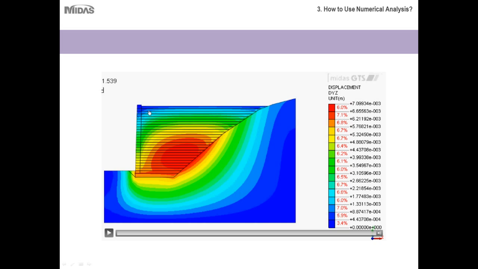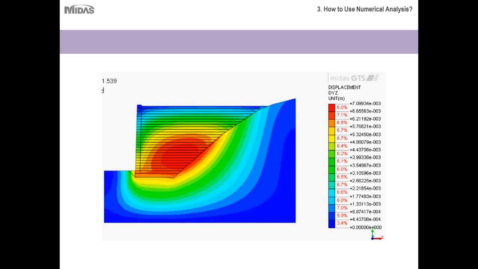Also notice the contours of the deformation layers between soil and wall. So you can see that there is a dip in the soil where it is connected to the wall, and it is not a straight connection. So this also shows a relative displacement between the wall and the soil, and this relative displacement is what is known as soil structure interaction.